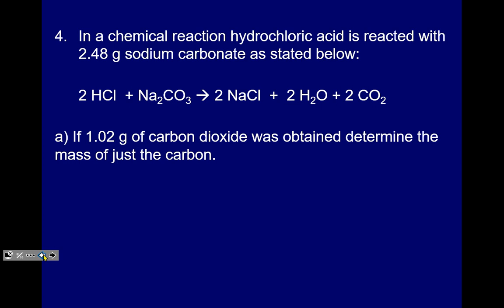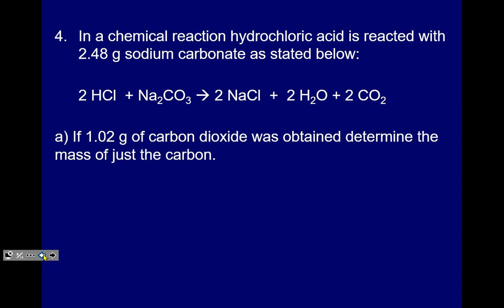So when we react an acid like HCl with a carbonate, it's a double displacement reaction, and we end up with H2CO3, carbonic acid. That's one of the double decomposition products that will decompose or break down into carbon dioxide and water. Okay?